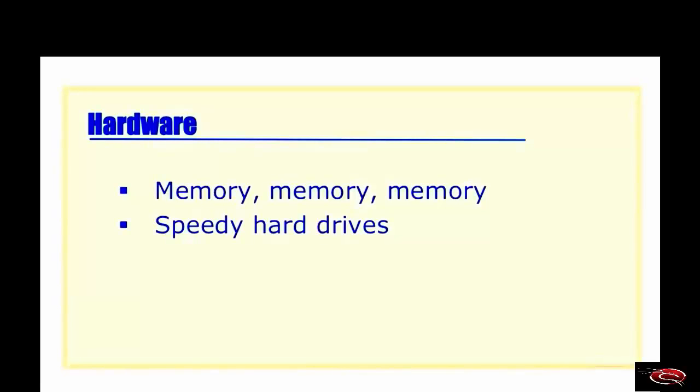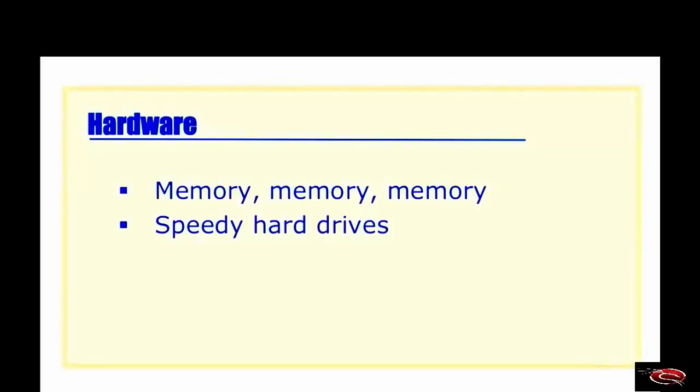Having speedy hard drives, as quick as you can get them. Obviously, solid-state hard drives are really fast. The downside to them is they tend to be small, which means you may not be able to store as much information in your virtual machines in addition to your primary operating system, or you may not be able to have very many virtual machines around.